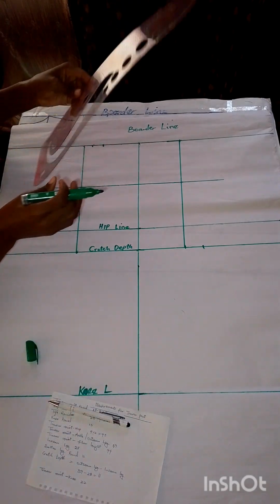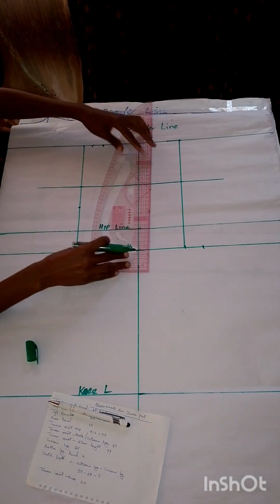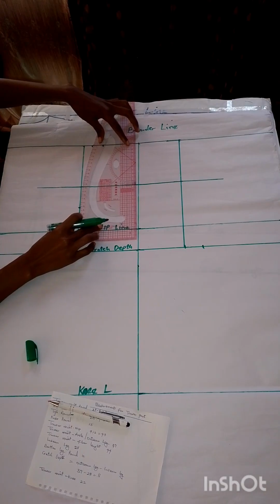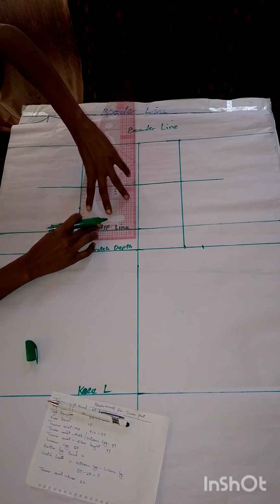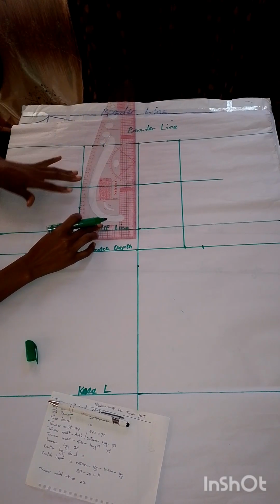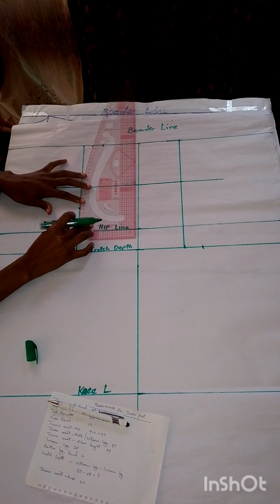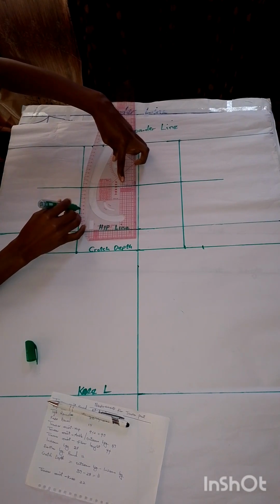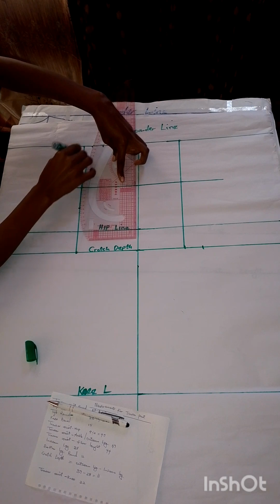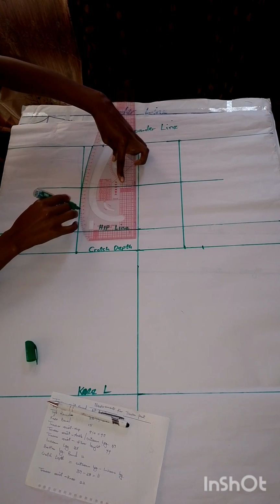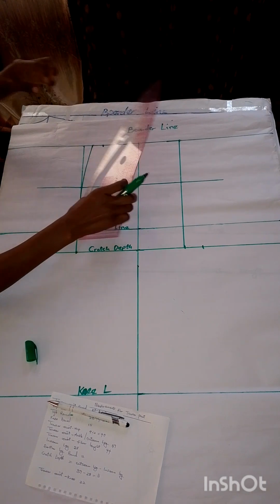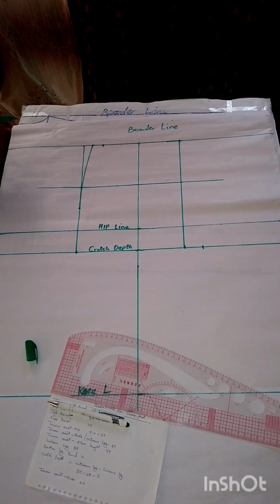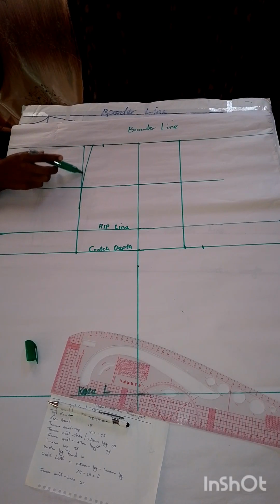So with your curve ruler, like so, just connect like so. So now this remaining space, we are not going to be needing it.